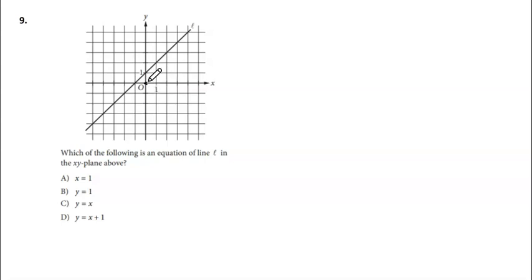So with that in mind, we see this line is increasing to the right. So the slope is going to be positive. Slope, which is m, is equal to what? Rise over run. Over here, rise over run is what? 1 over 1. So slope is 1, right?